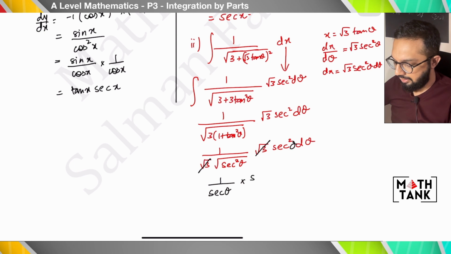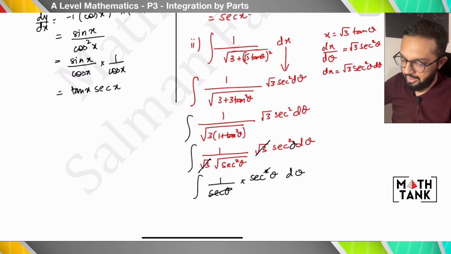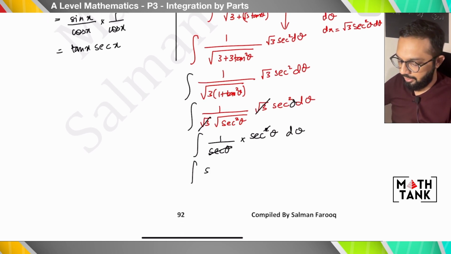The root makes it lower down in power, and then one of these cancels out. Remember that so far I haven't integrated, I'm just doing the algebraic part. So I have sec theta d theta.